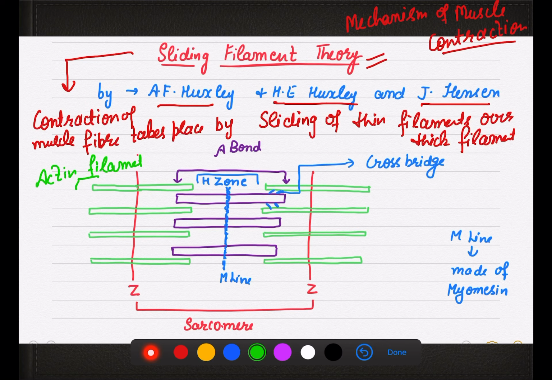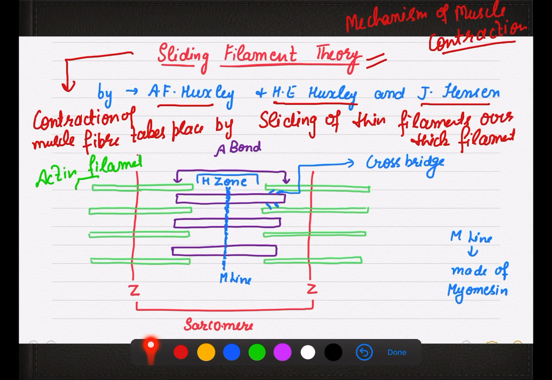So how is this thing going to start? But first you have to always draw this structure. As you can see, there is the Z line, and the distance between two Z lines is known as the sarcomere, and the portion where only myosin is present is known as the H zone. Then the M line, which is made up of the protein myomesin, is known as the M line.